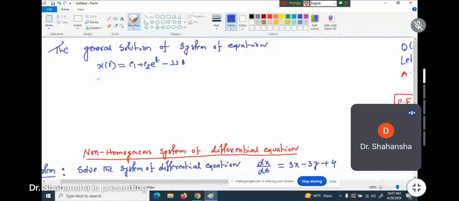And y of t equal to, the pattern is the same but the arbitrary constant will not always be the same.